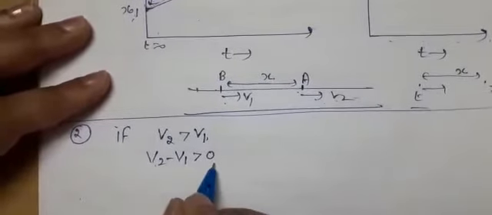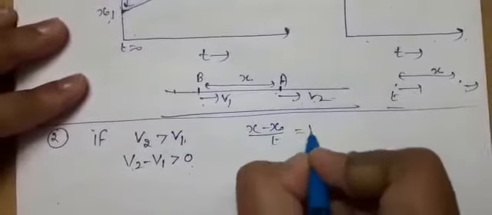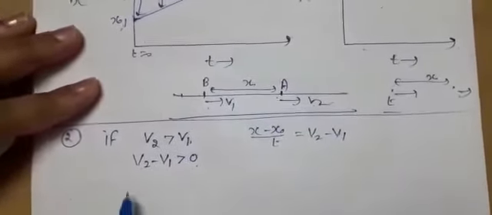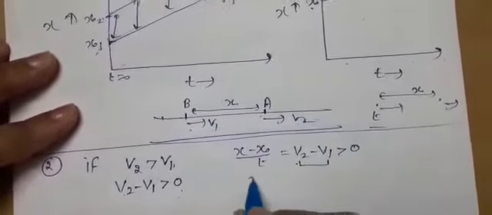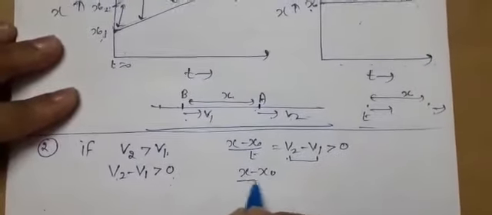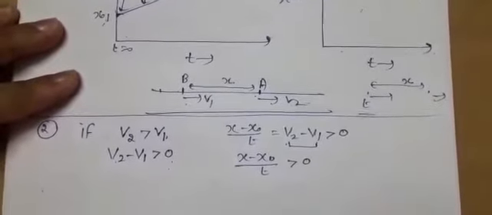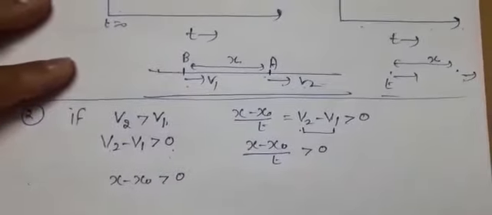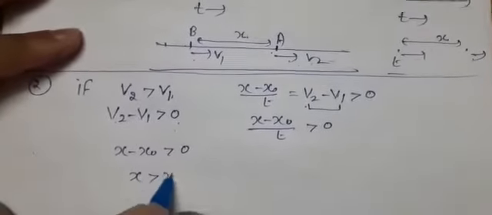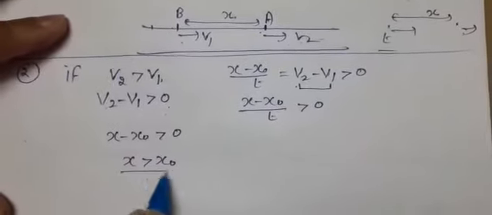If this factor is greater than 0, then as per equation 1 we have taken, what does it mean? (x minus x0) upon t is greater than 0, which means x minus x0 is greater than 0. So x is greater than x0. This is the main point which you have to understand.